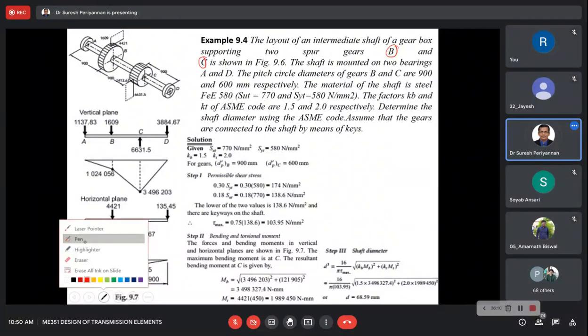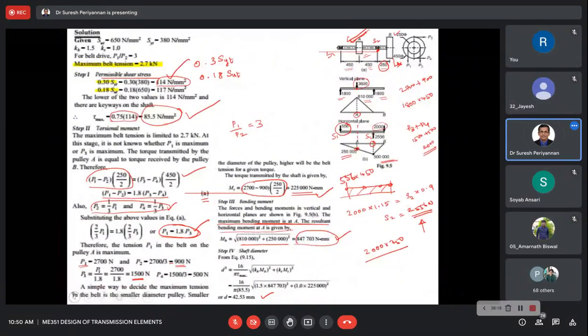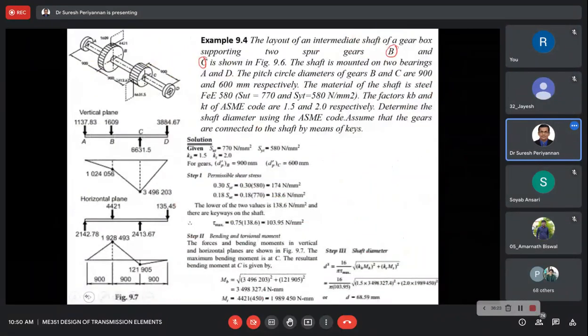Earlier we used a simply supported beam, later a double overhanging beam, then a single overhanging beam, with vertical and horizontal loads. Now here two gears are connected. This is support one, this is support two; a support means nothing but a bearing.